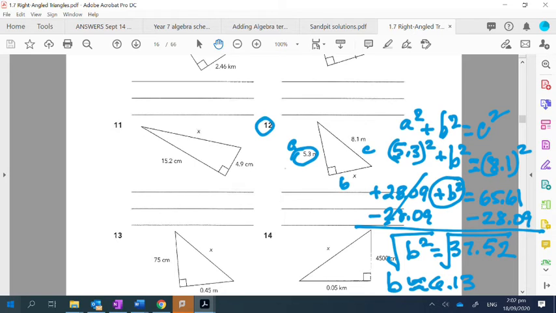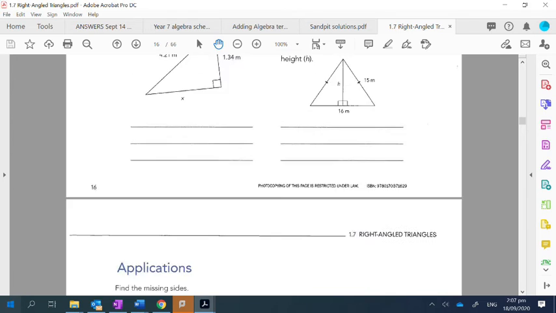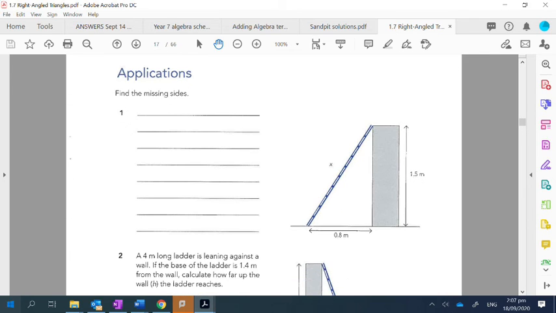If you're going to have any issues with any of these, it's going to be where you have to find the pieces from words, right? So let's just look at this little picture, guys. We have a ladder leaning against a wall, and it's a certain distance away on the ground.